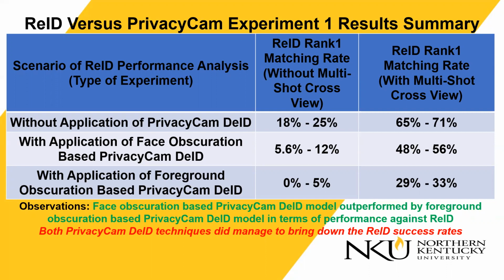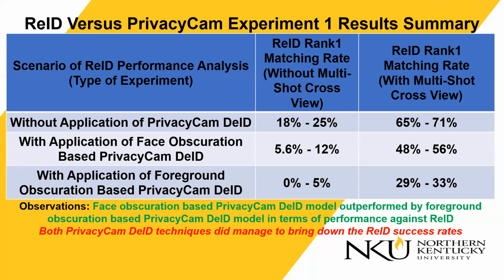But what is even more noticeable is that if we go to the other version of the Privacy Cam DeID, which is the foreground obscuration based de-identification, then we find that the ReID rank 1 matching rate further drops down to 29% to 33%, which is an average of about 31% success rate. And that is actually a significant decrease in the re-identification success.